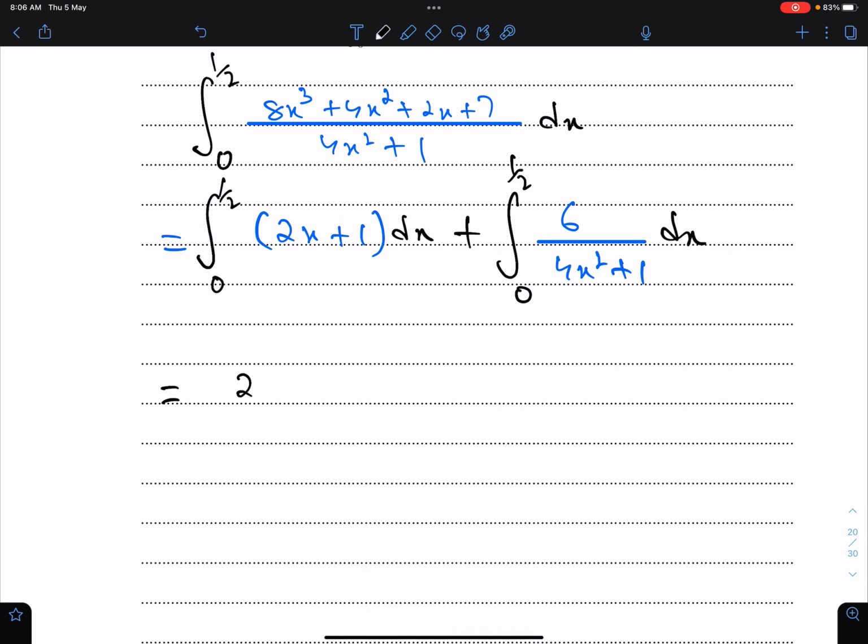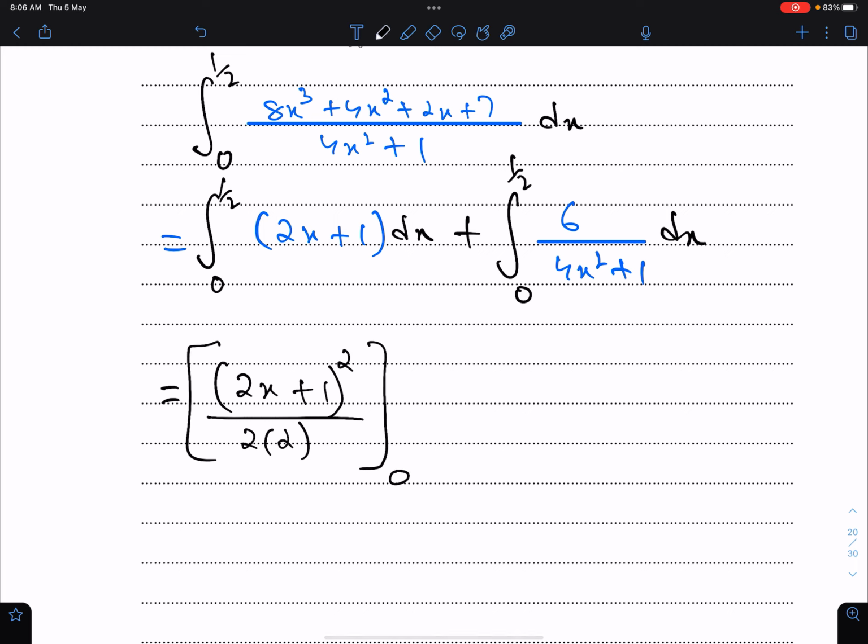This will become (2x plus 1) whole square over 2 times 2, because the differential of this function is 2 and the limits are 0 and half. You can bring this 6 outside the integral to make the integration simple.